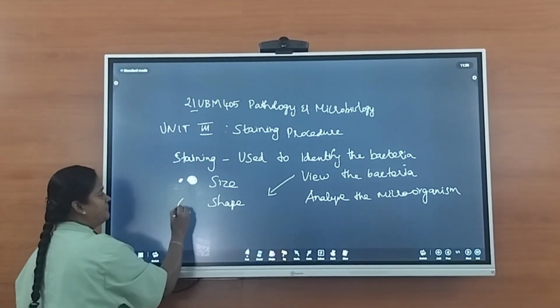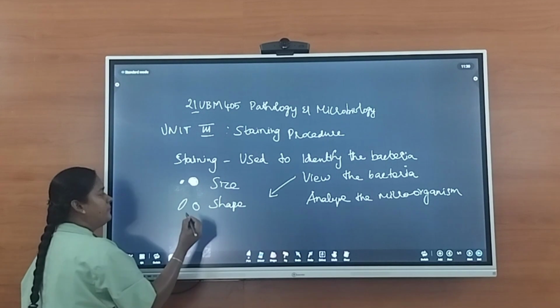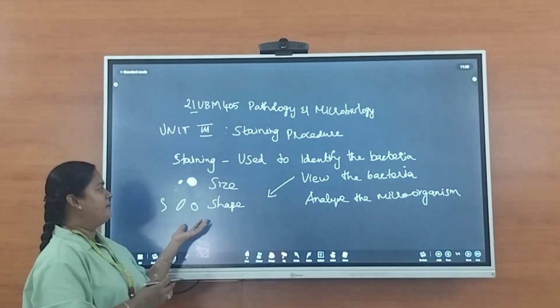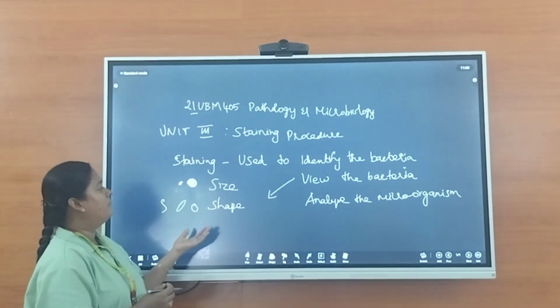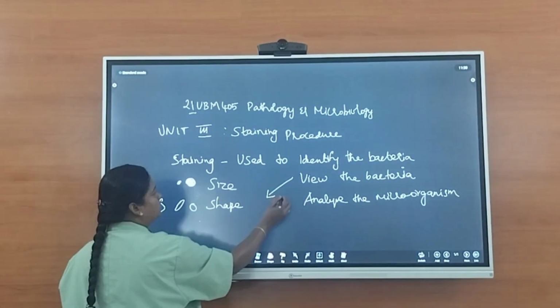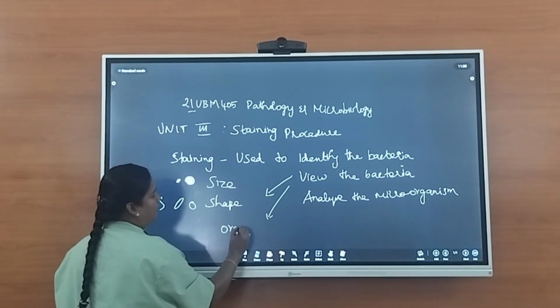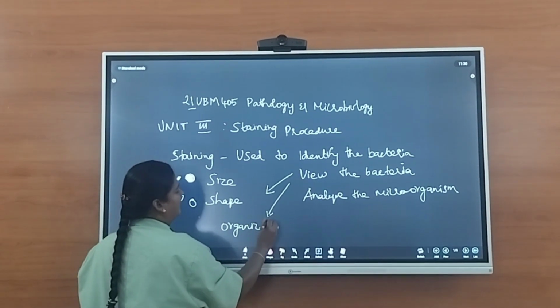And the shape of the bacteria also can be viewed, that is, whether it is bacilli type or coccus type or some other spiral type. So the type or shape can be identified with the help of this method. Then we can also view the structural organization of the bacteria.